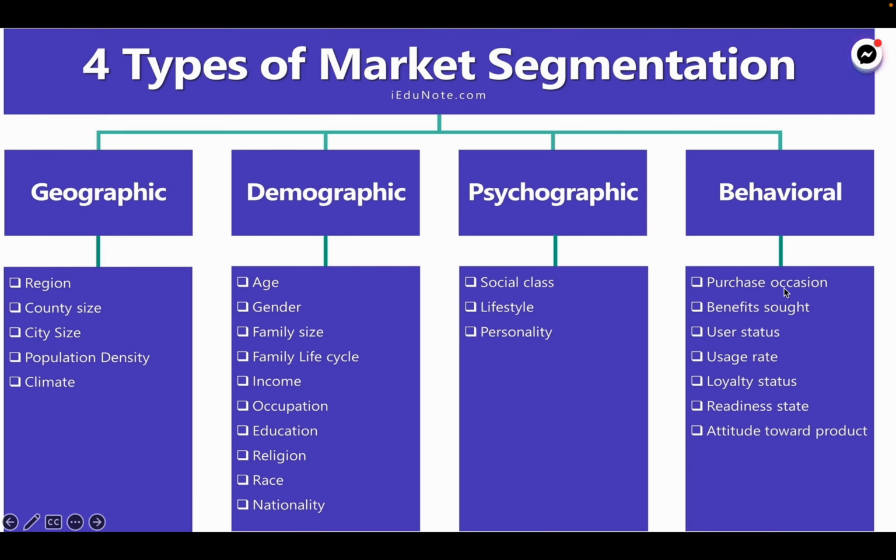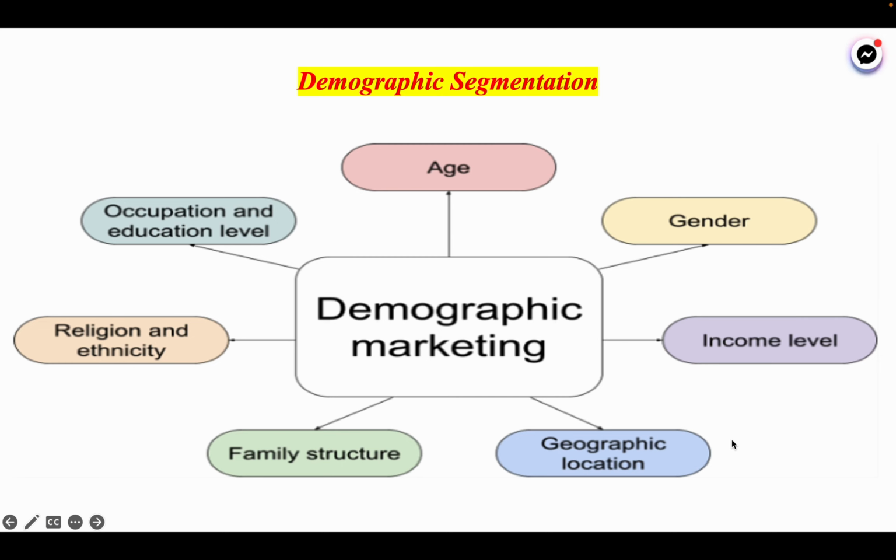And in behavioral, we consider the purchase occasion, benefits sought, user status, usage rate, loyalty status, readiness state, and attitude towards the product. So the same thing I am giving in a brief chart.